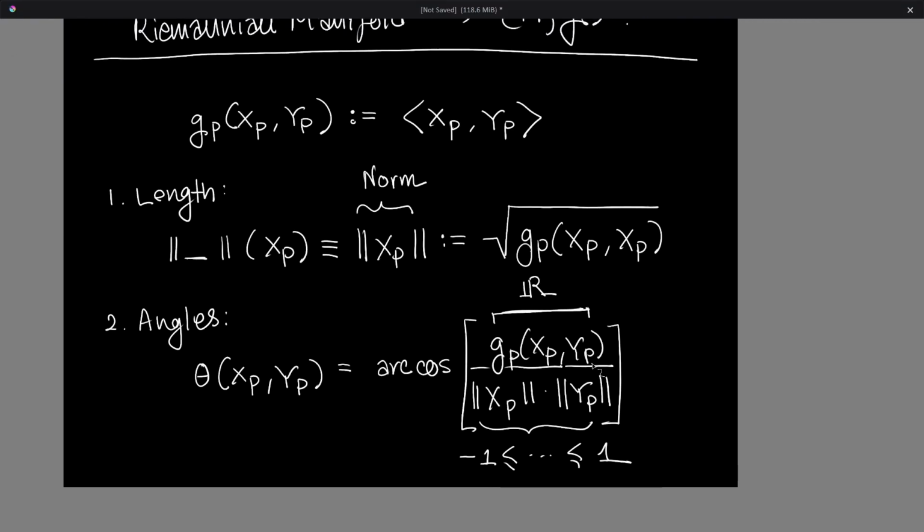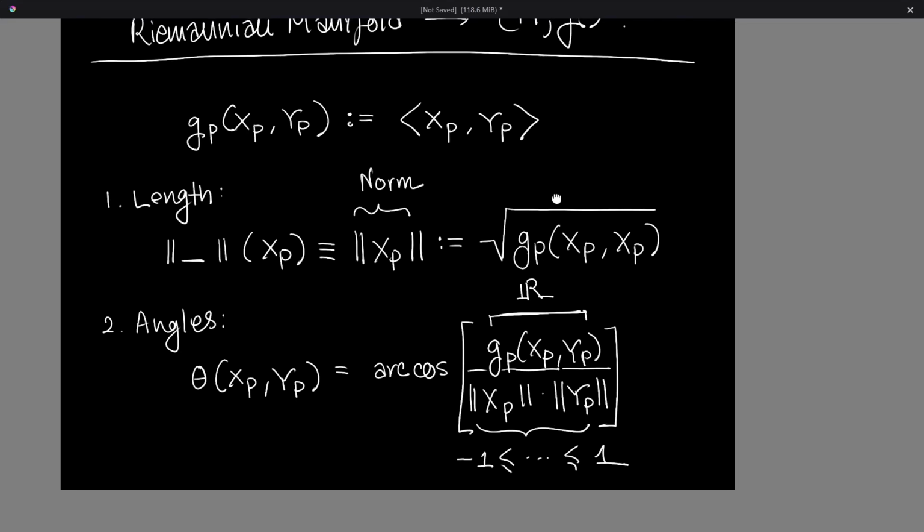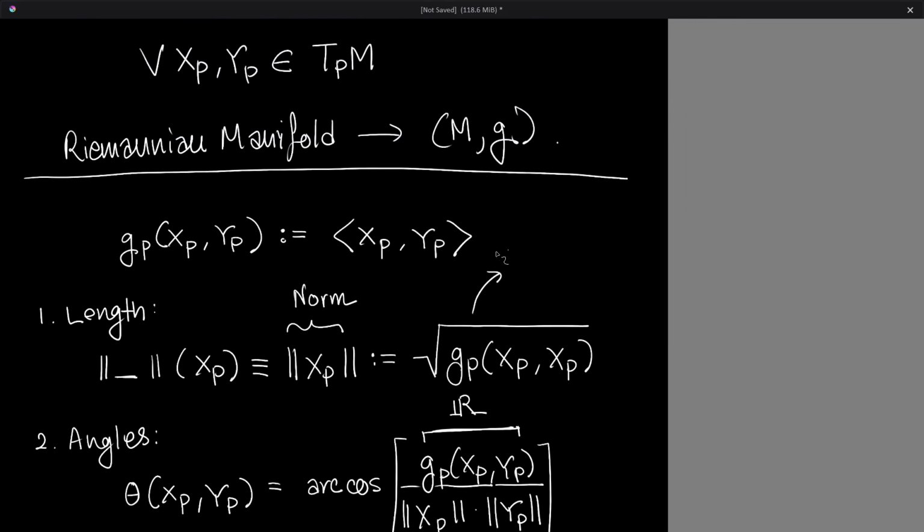This illustrates what a metric has to do with measuring lengths and angles. It literally is the thing that you use to define what a length or an angle is. And then in R^3, with the Euclidean metric, this will become the square root of x dot x, right?